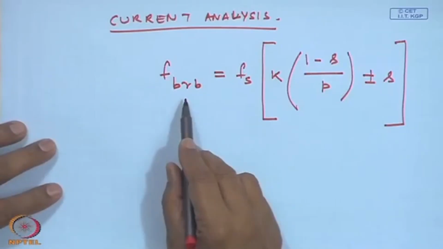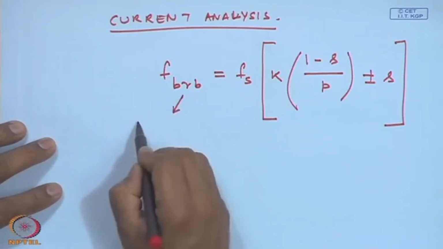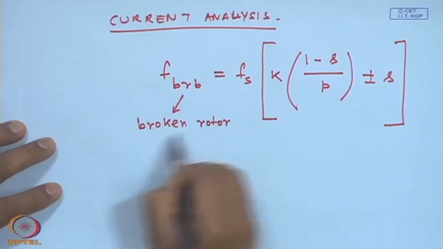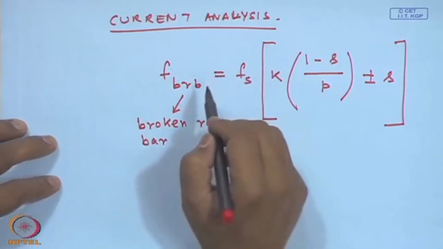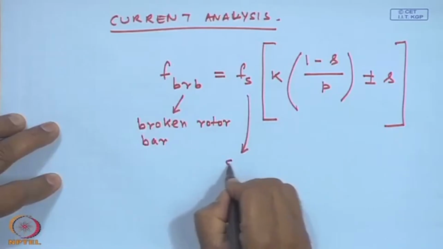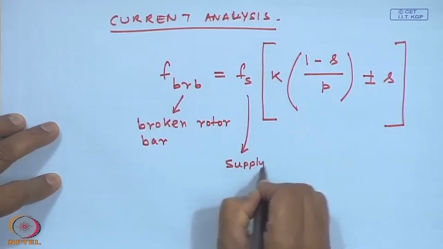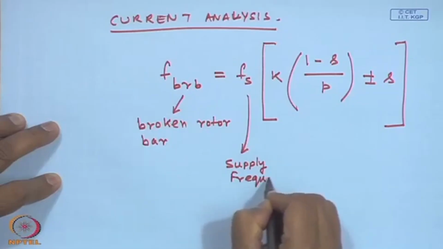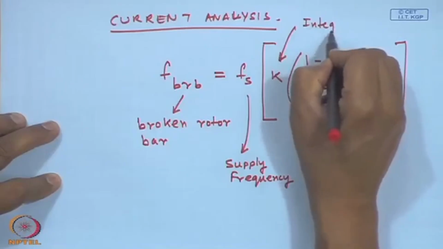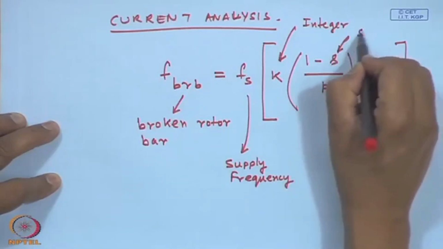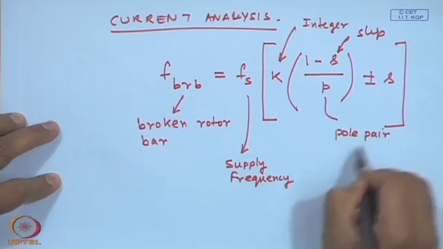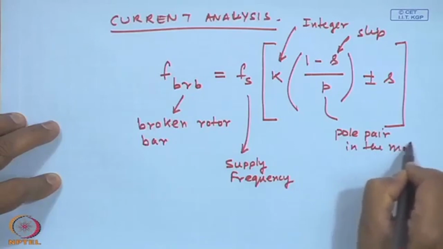This means if there is a broken rotor bar, the frequency in the current spectra is given by this, where K is an integer, S is the slip, P is the pole pair in the motor.